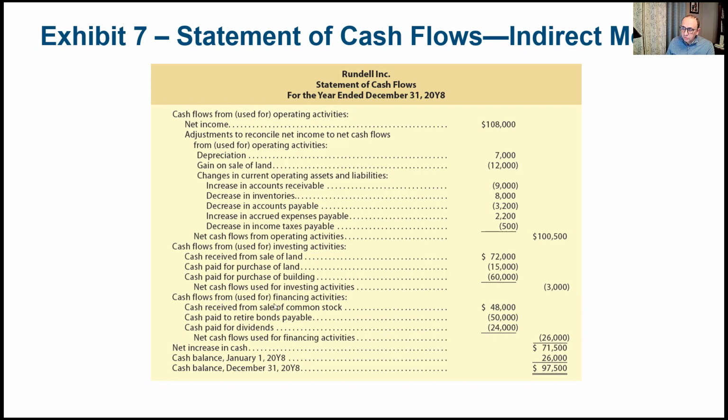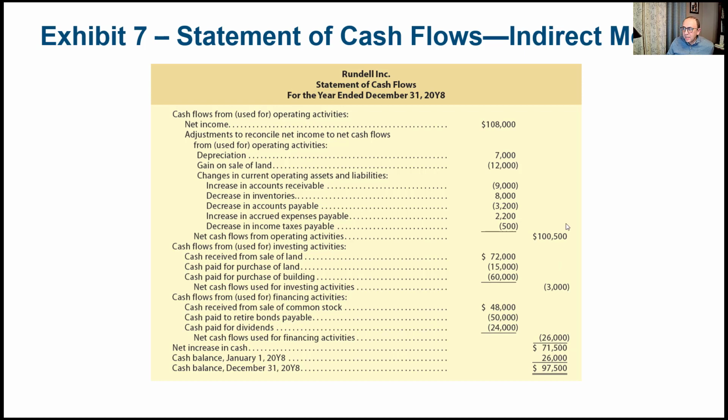Then we have cash flow from financing activities, and we have the amount of cash received from the issuance or the sale of common stock, $48,000. We also have cash paid to retire bonds and cash paid for dividends. These are negative values. We add them together and we still have a negative value. So the net cash flow used for financing activities is $26,000.